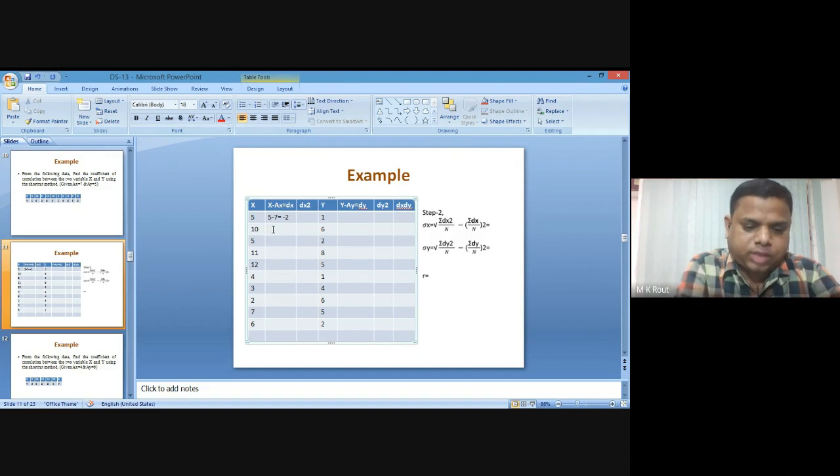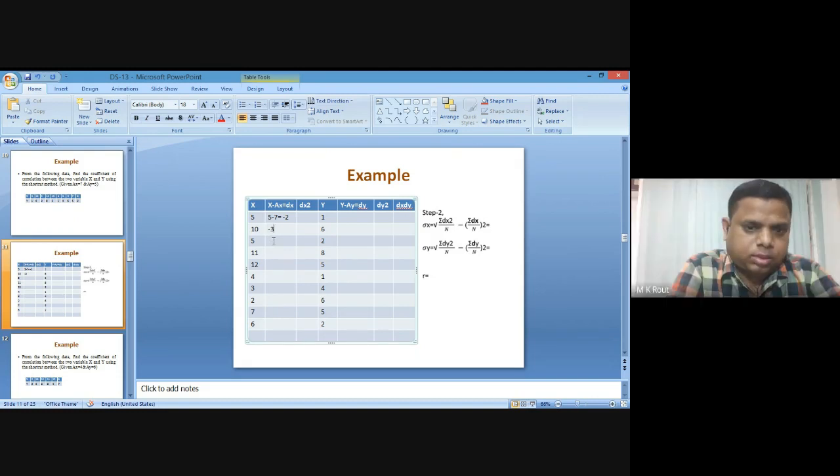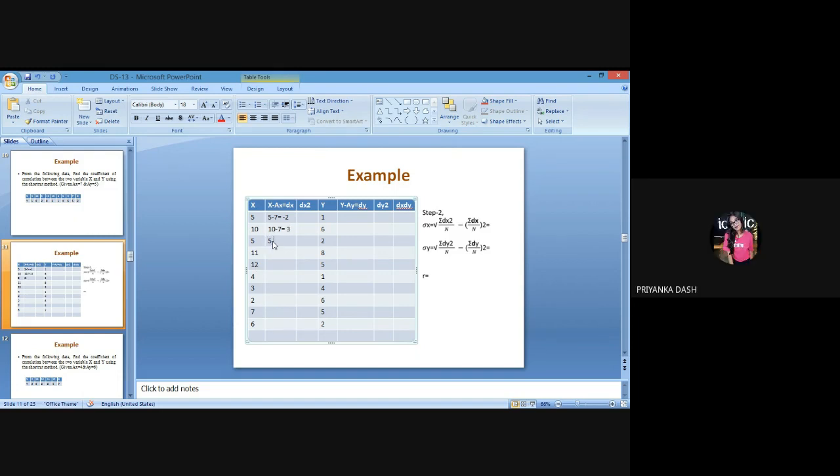Similarly, 10 minus 7 equals 3. Move to the next one, 5 minus 7, minus 2.